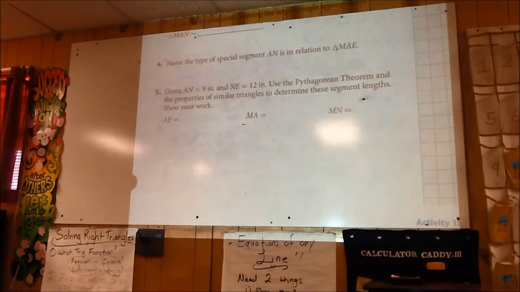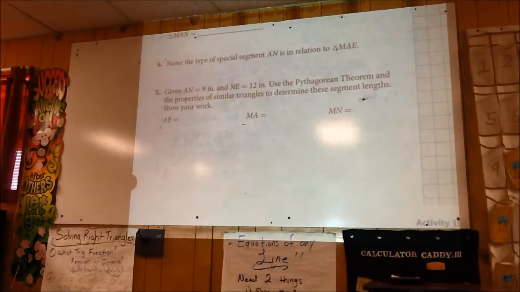And then segment MN. What is the length of segment MN? How did you get it? 6.75 inches, and I put the proportion 9 over 12 equals MN over 9. Beautiful. Awesome.